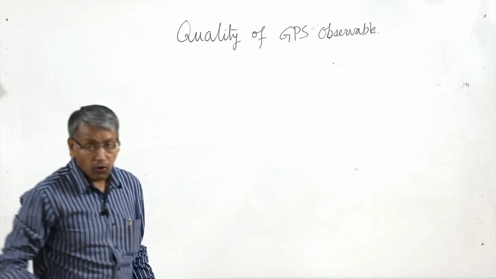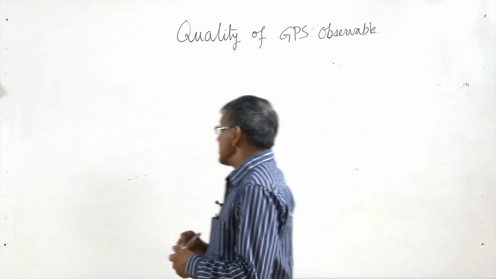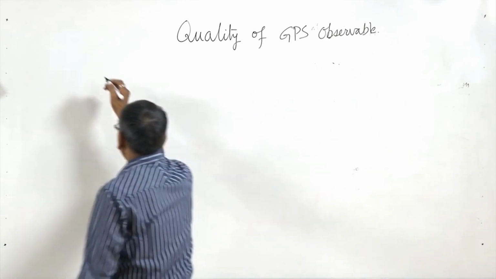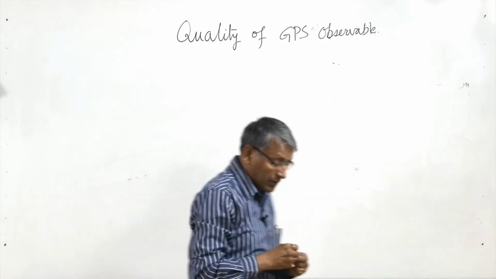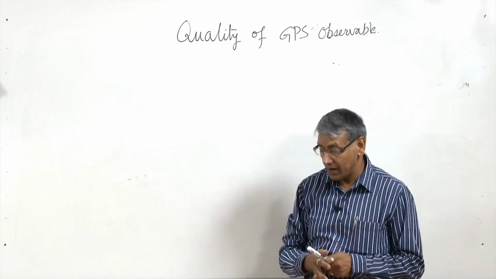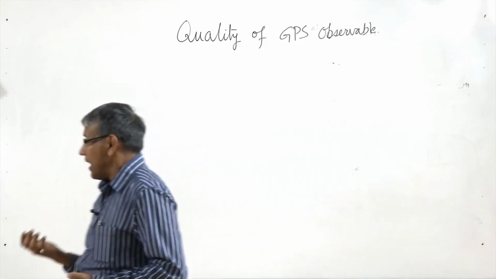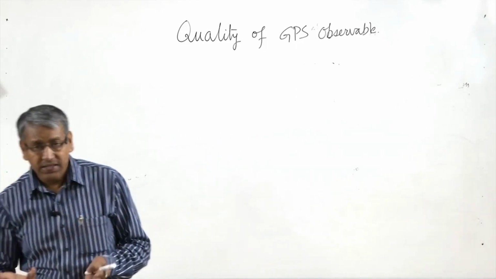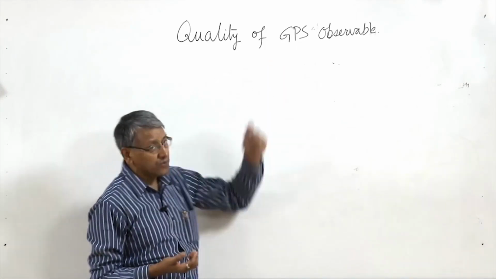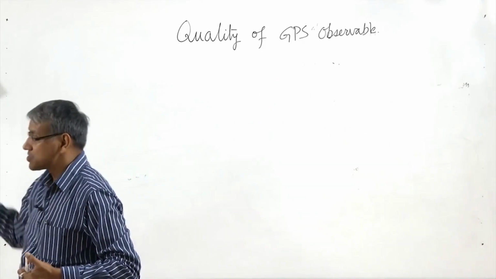The quality of the GPS observable will depend upon the amount of error it has. The errors that will be available in the GPS observable, I have already told you the different sources.